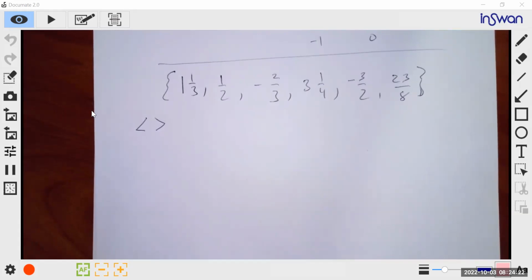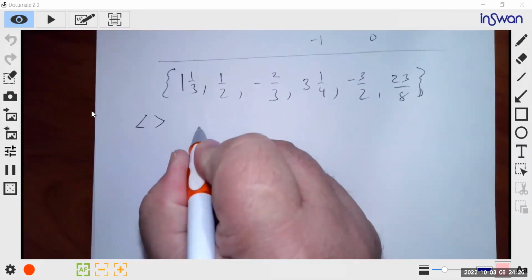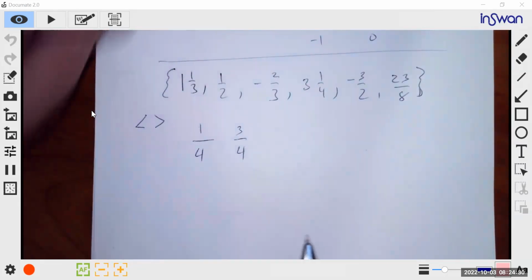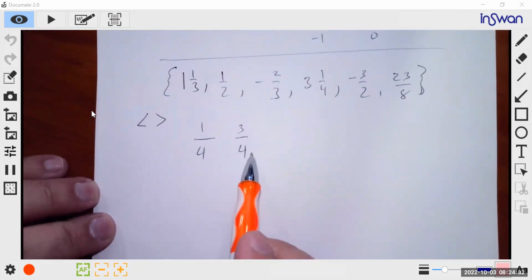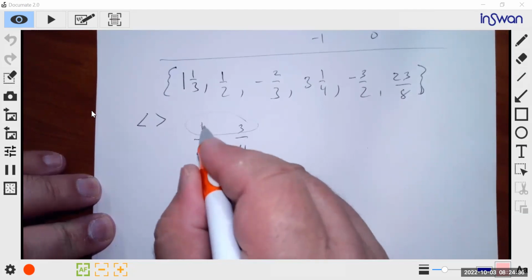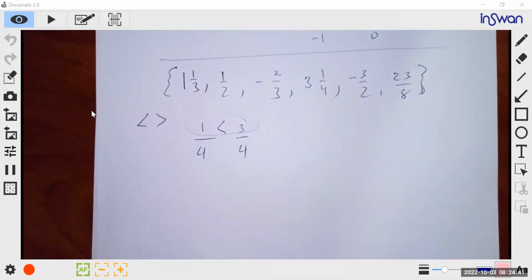And we have to compare. The only way to compare numbers is to compare the bottom. If the bottom numbers are the same, then all we have to do is look at the top numbers, since 1 is less than 3. So in other words, whenever you have fractions, you have to get a common denominator.